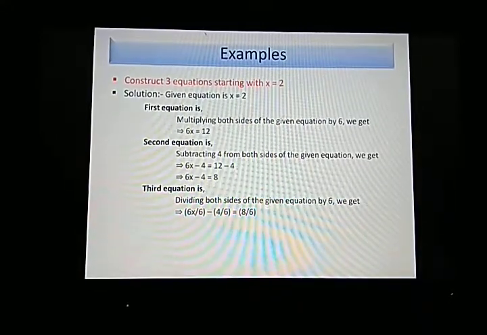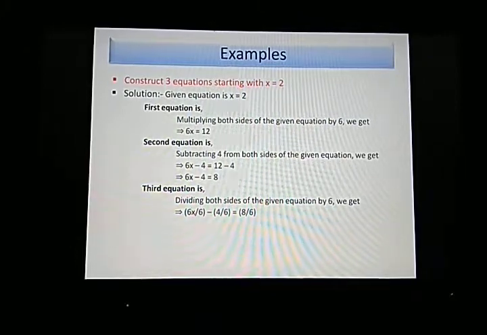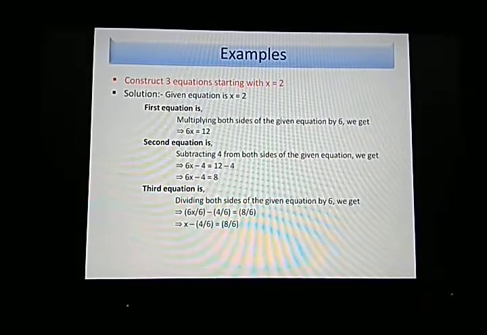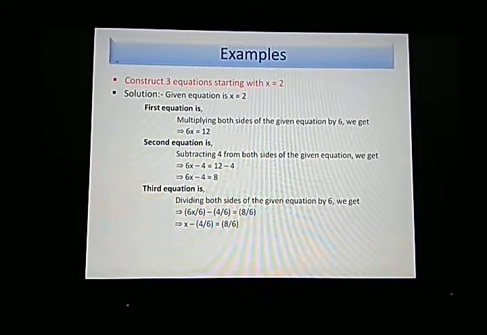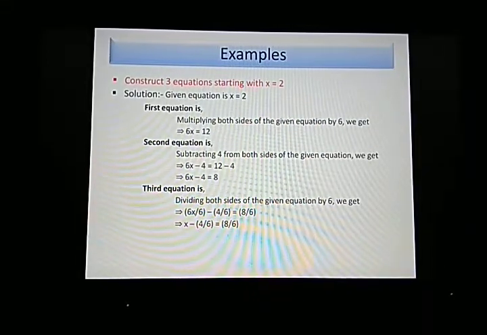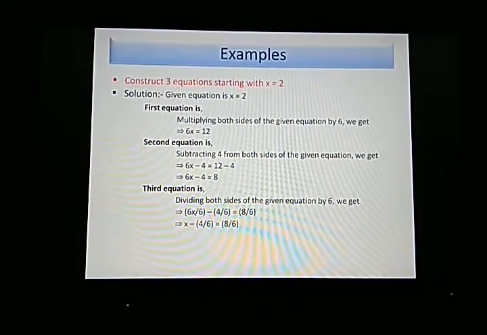So each term of the equation we have divided by 6. 6x by 6 we will get x, 4 by 6 will remain as it is, and 8 by 6 also will remain as it is, although we can reduce it later on to the simplest form. If we solve both the sides, left hand side and the right hand side, we will get back again that same form, x equals 2. That you can try by yourself.